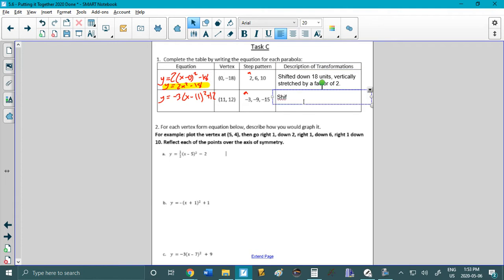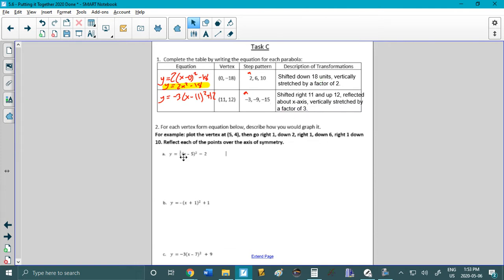This one's going to be shifted right 11 and up 12. Reflected about x-axis because A is negative, and then vertically stretched by a factor of 3.